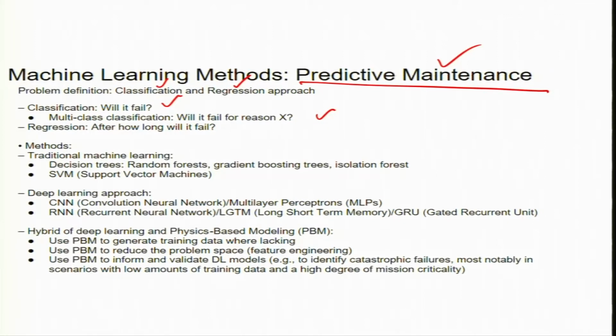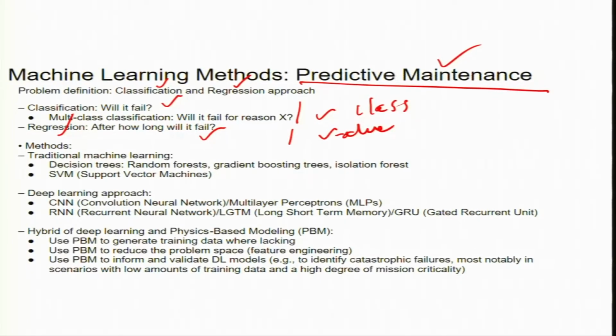Regression in predictive maintenance is about after how long the machine failure will happen. So, this will be a predicted value, not the class. So, classification has to predict about the class, whereas the regression has to predict about a value.